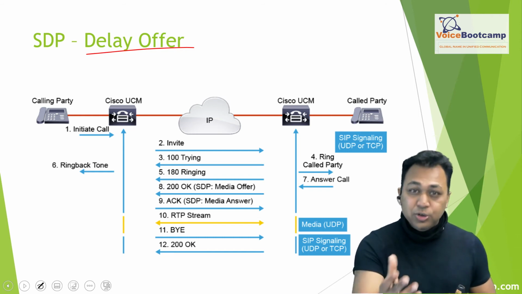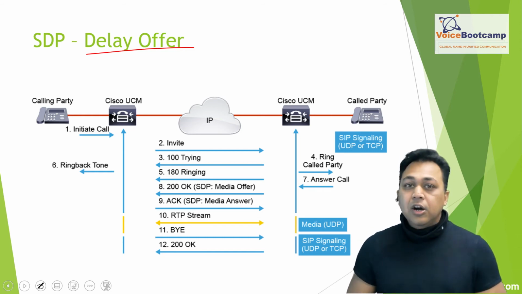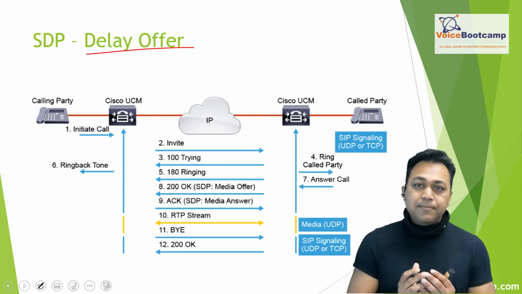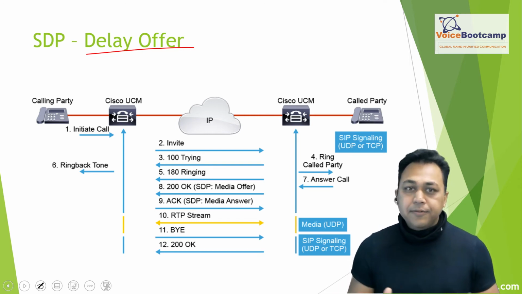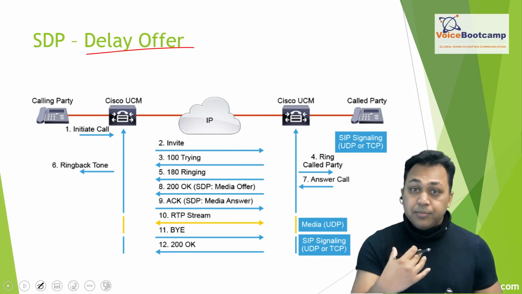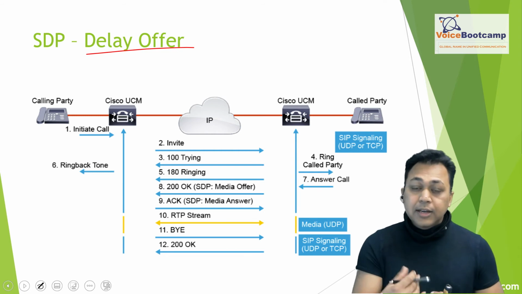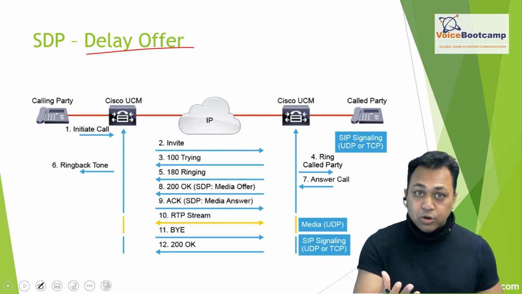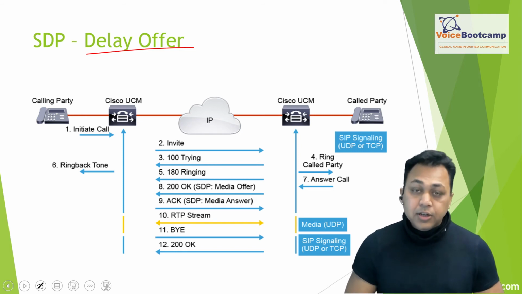I made the offer to you at a very early stage, right? Whereas if I send the invite message, then I wait for like 150 seconds or whatever to see if you are going to send me something. If you don't, then I'm going to offer you my SDP, or my negotiation parameters. That is called delayed offer because I delayed it.